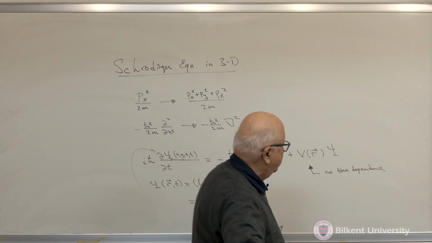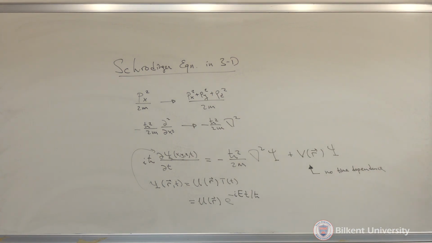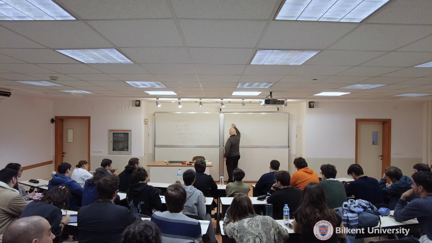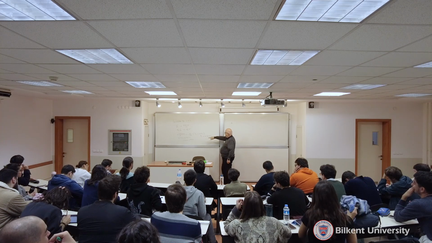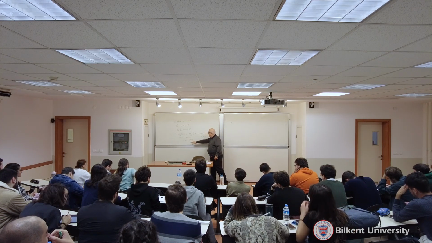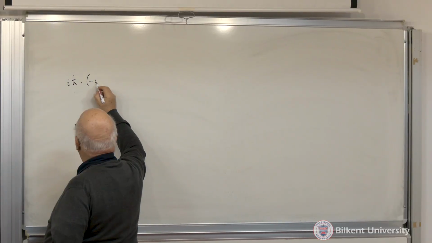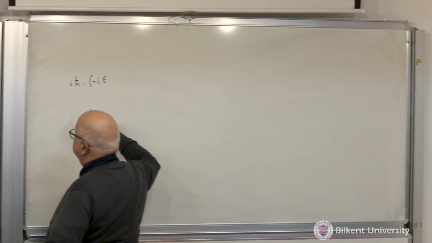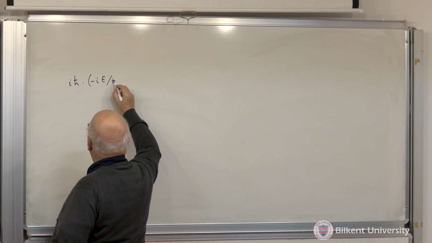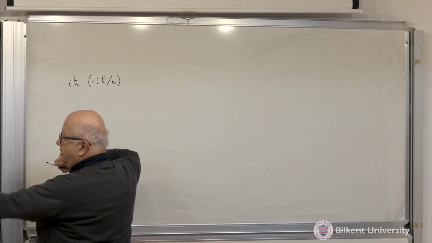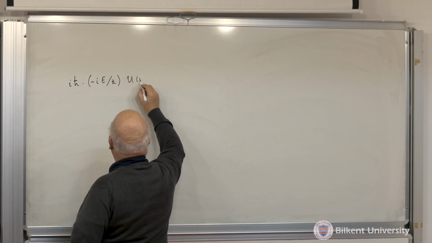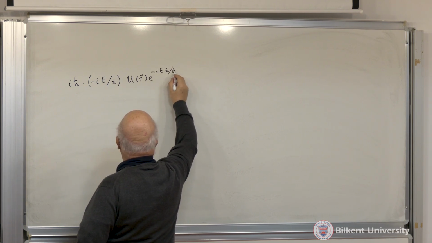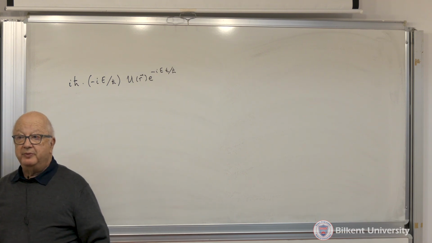On the left-hand side, the time derivative is going to give me i h bar times, since the time derivative acts only on this, minus i E divided by h bar. So u of r e to the minus i E t over h bar. That's what the left-hand side gives me.